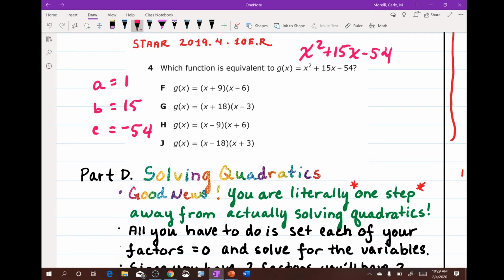Let's do this. Open parentheses, close parentheses, open parentheses, close parentheses. You know it's going to be an X here and an X here. You need to find two numbers that add to be 15 and multiply to equal negative 54. Give me the numbers.